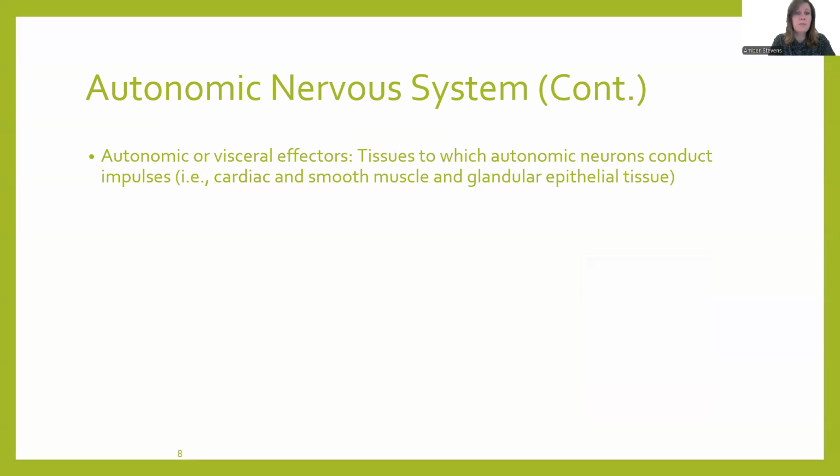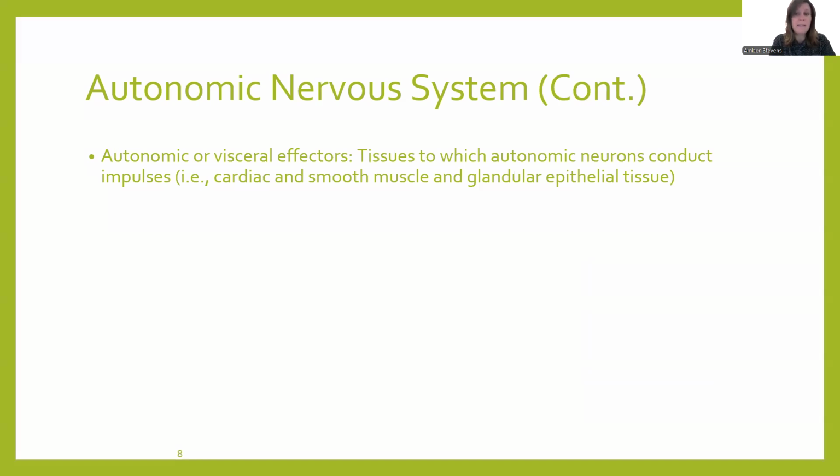So autonomic or visceral effectors are tissues to which autonomic neurons conduct impulses. So what are autonomic effectors? They're tissue to which the autonomic neurons conduct impulses: cardiac and smooth muscle and glandular epithelium.